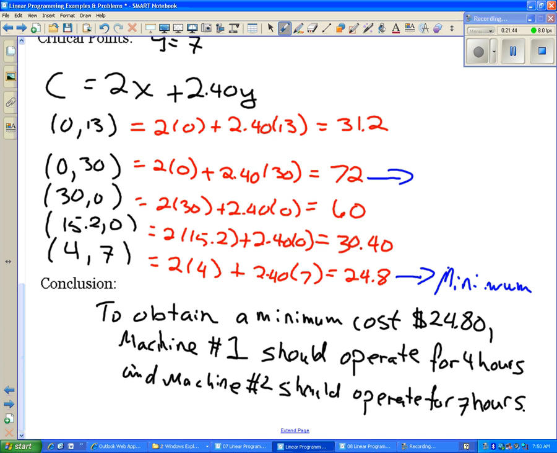That's going to get my job done. That's going to meet all my constraints, and that is my answer.